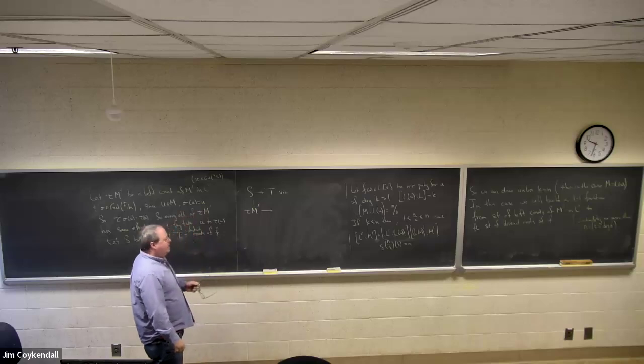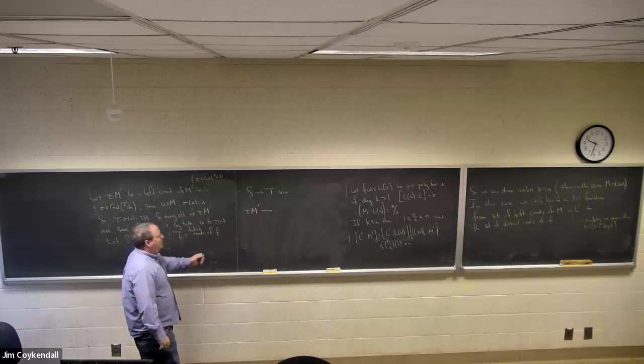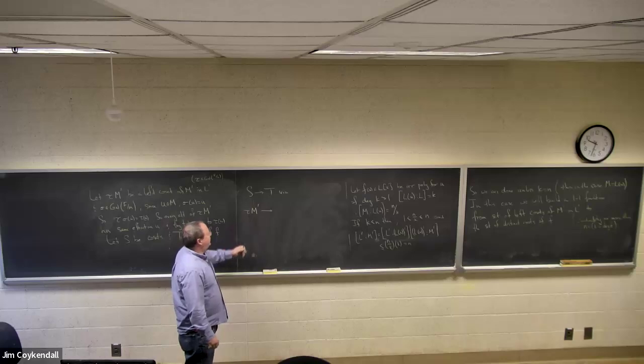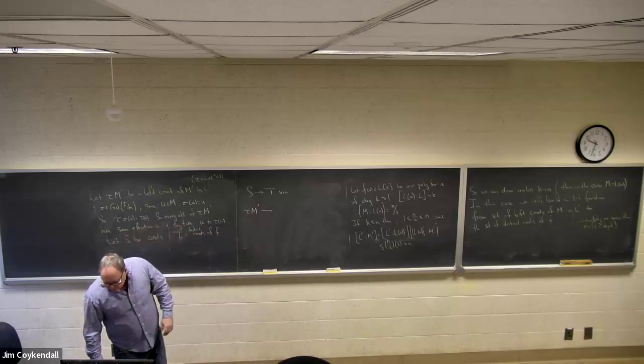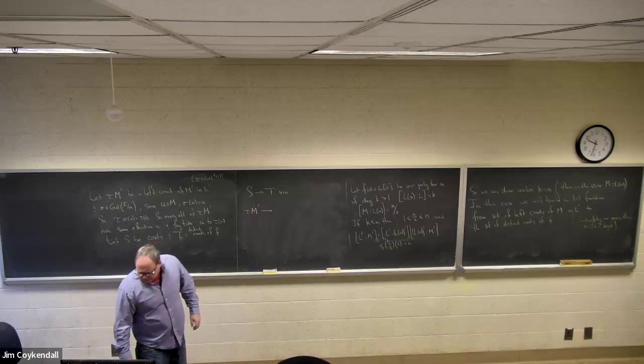My output, I want it to be a root of f. Now, everything in this coset has the same effect on u, and it takes tau u. So this should go to tau u.